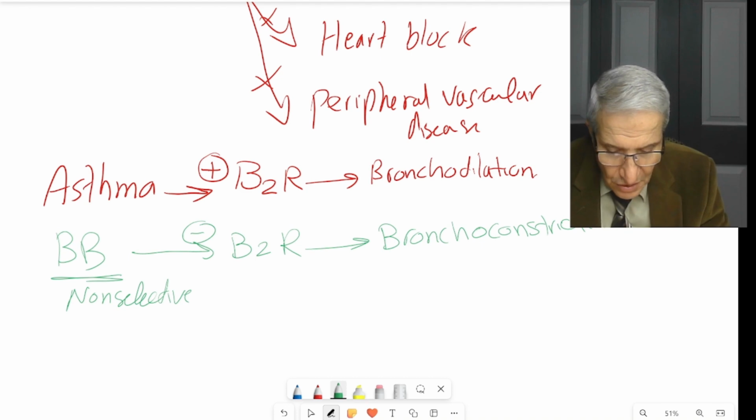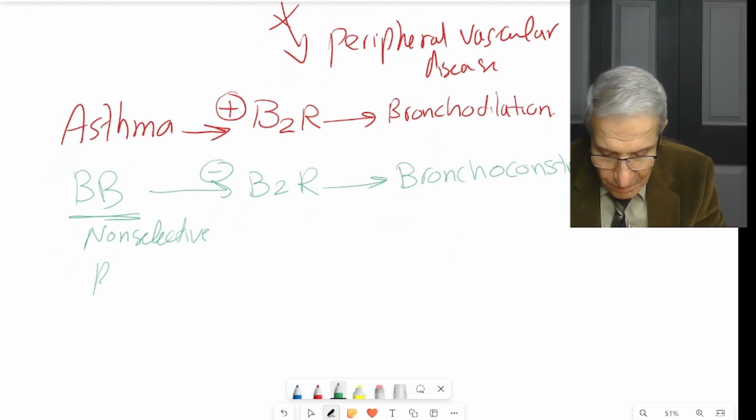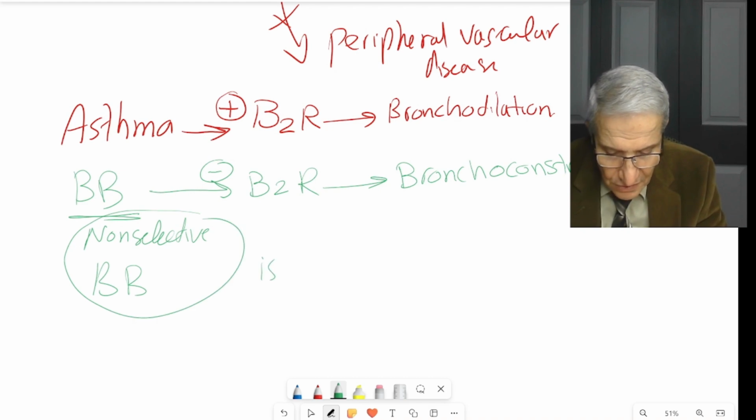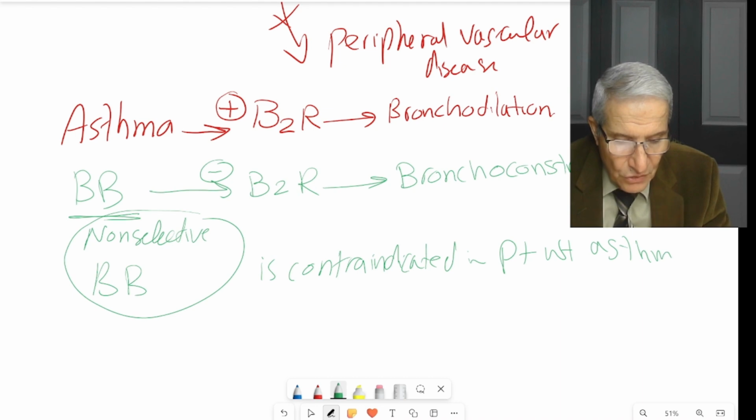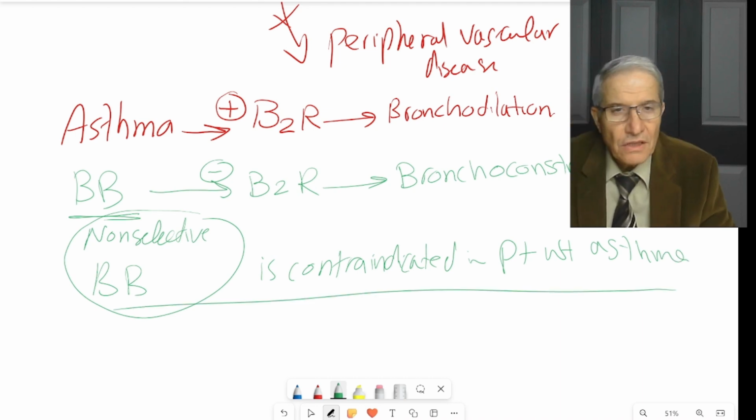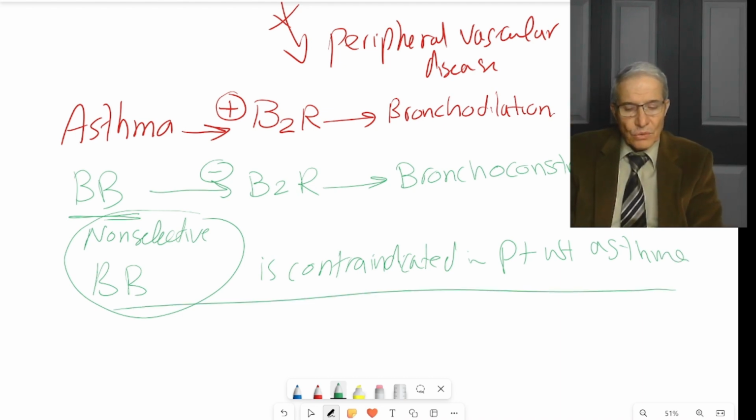We can say that non-selective beta blocker is contraindicated in patients with asthma. Now we understand why non-selective beta blocker is contraindicated in patients with asthma.